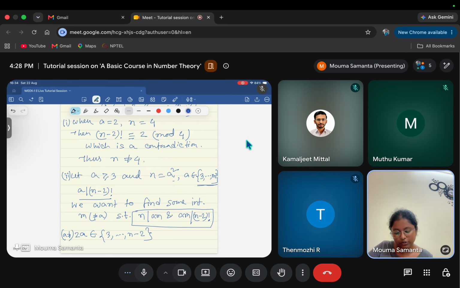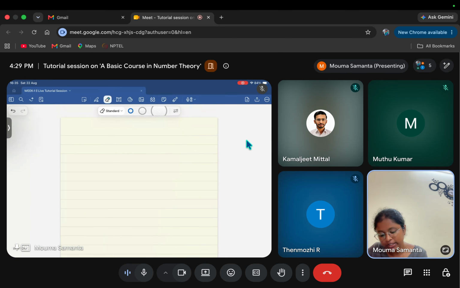If you can show this statement, what conclusions may you get? You may get 2a times a divides n minus 2 factorial, and this term is 2a squared. 2a squared means 2n. Now n divides 2n and 2n divides n minus 2 factorial.